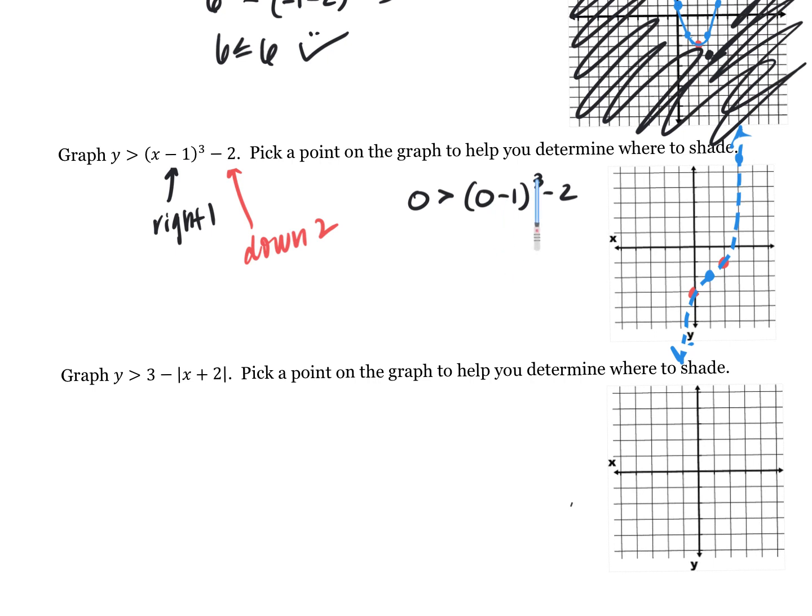Negative 1 cubed minus 2. Is 0 greater than negative 3? Yes. Agreed. So this is where 0, 0 was. When it's true, you shade where that point is. So we're going to shade here.